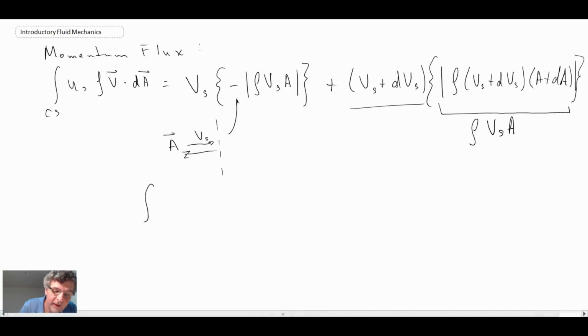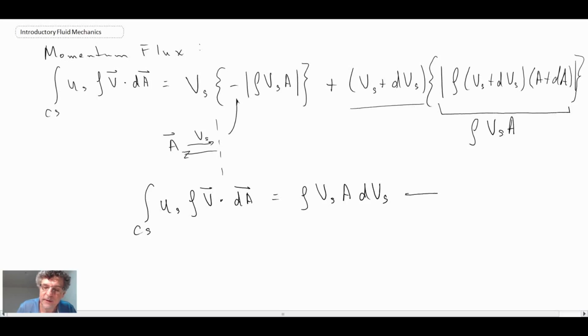So what we end up with is this equation here, and we will substitute this back into momentum. And so we'll do that in the next slide.